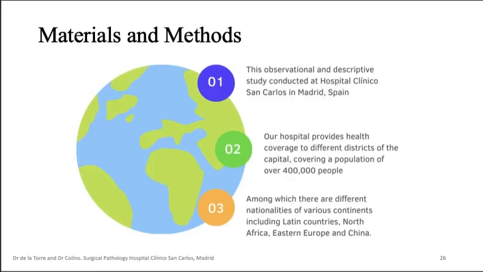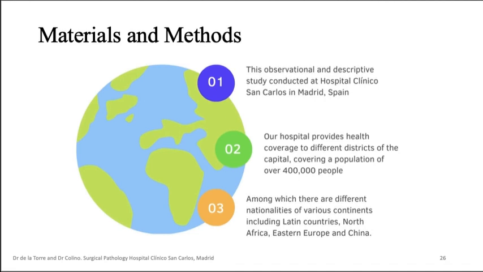This is a descriptive study based on the results of usual clinical practice and performed at Hospital Clínico San Carlos of Madrid in Spain. Our hospital provides health coverage to different districts of the capital, covering a population of over 400,000 people, which represents 12% of the total inhabitants of Madrid, among which there are different nationalities of various continents.